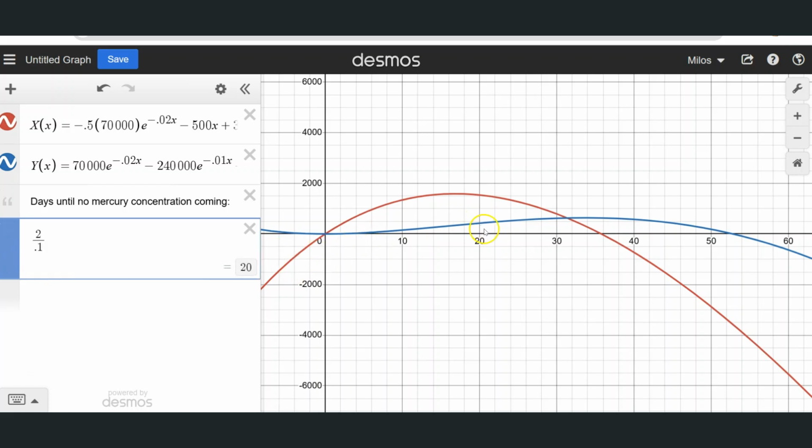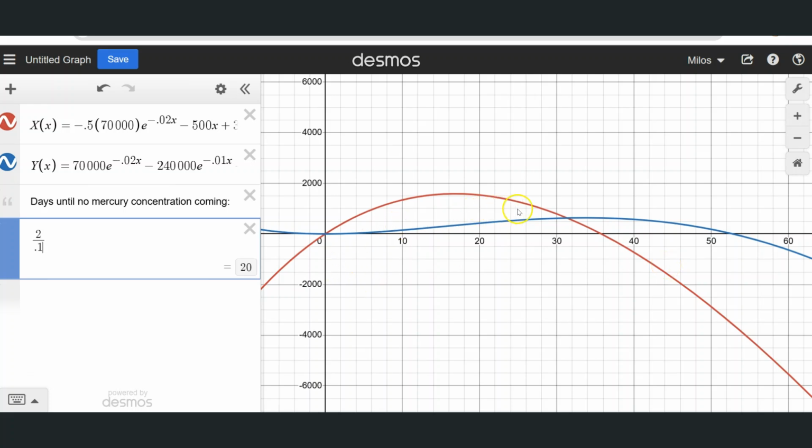So what this means is that it does not make sense to consider our model beyond day 20 because the mercury has decayed down to a concentration of 0, and after day 20, that 2 minus 0.1x becomes negative, and so it makes it seem as though there's a negative amount of mercury coming in, which is what actually causes our graphs to eventually become negative.